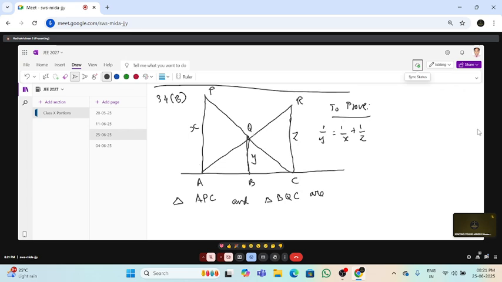PQ is also a perpendicular, AP is also a perpendicular. That means they are parallel. So the parallel is drawn, cutting the other two sides. So these two triangles are similar, just like the previous problem.